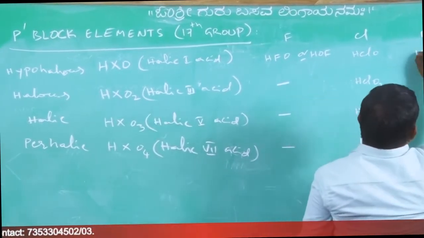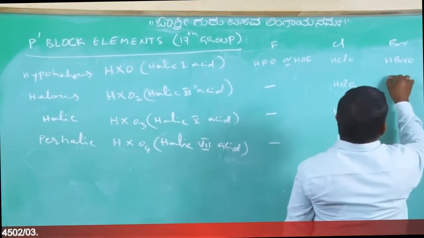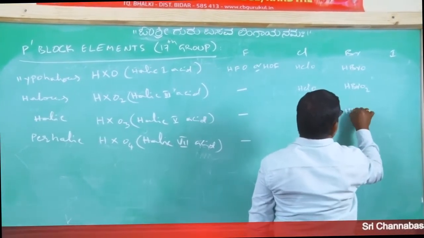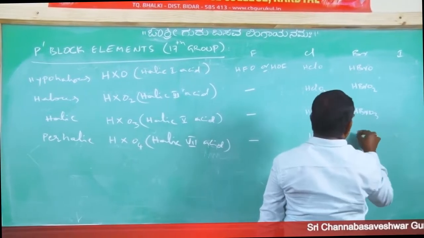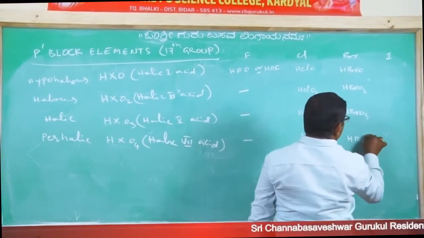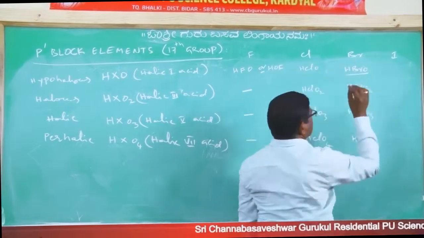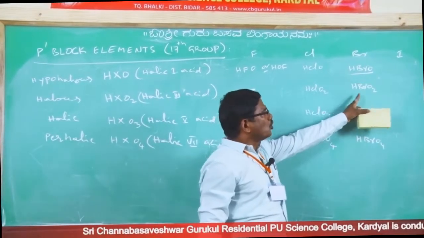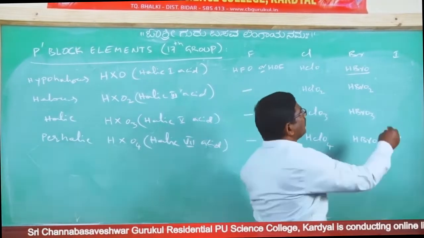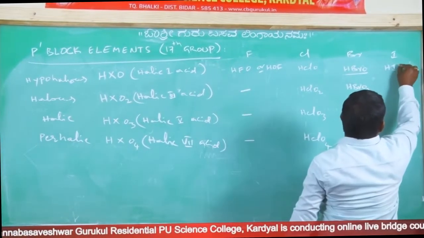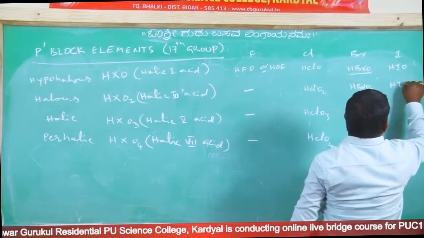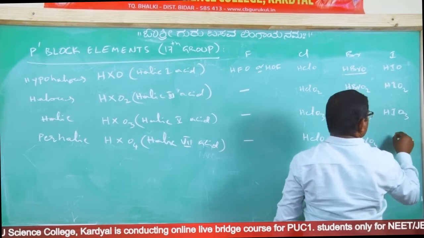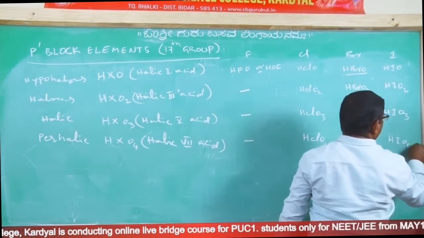If you come here, HBrO, HBrO2, HBrO3, then HBrO4. This is unstable. So now hypobromous acid, bromous, bromic and perbromic acid. Similarly HIO, HIO2, then HIO3, HIO4.